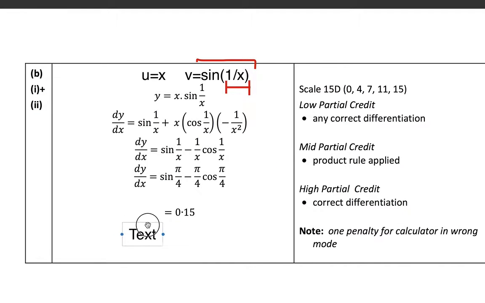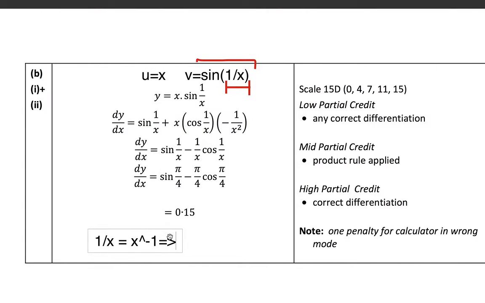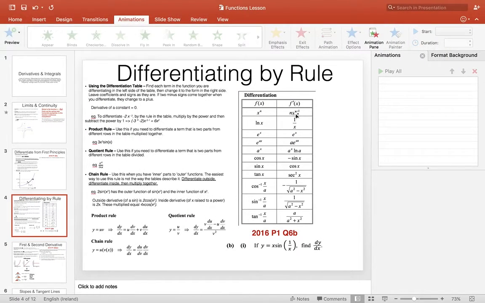Well, let's see. Remember 1 over x is the same thing as x to the power of minus 1, the exact same thing. It's just a different way of writing it. Okay, so if we multiply that by this rule, if we multiply it by its power, which is minus 1, we're going to go minus 1 x, and we subtract 1 from the power.